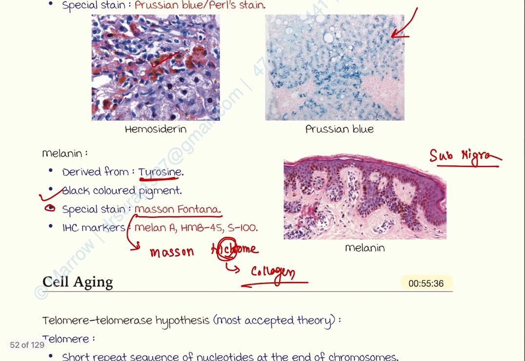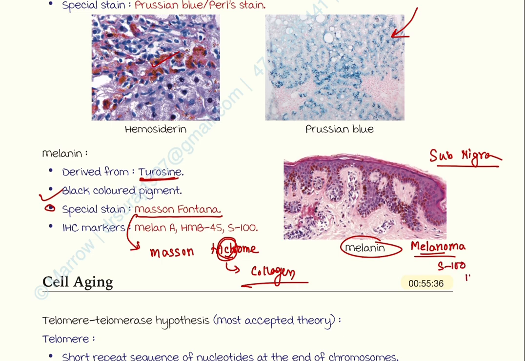Another important point of melanin, you'll be having specific markers for melanin. What are the markers which are basically useful in melanoma? Okay, watch my video on melanoma, that is malignant melanomas, in my playlist. There I told you S100 and HMB45, these are the important markers which are raised in case of melanoma.